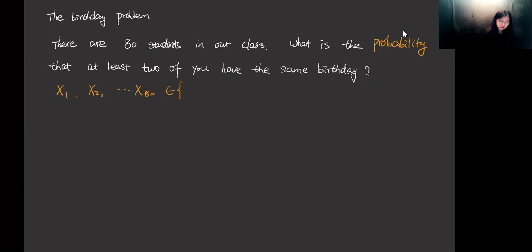Then these 80 random variables take values in the set 1, 2, 3 to 365. And suppose that each random variable, the birthday of each one of them, is taken from these 365 numbers with equal probability.